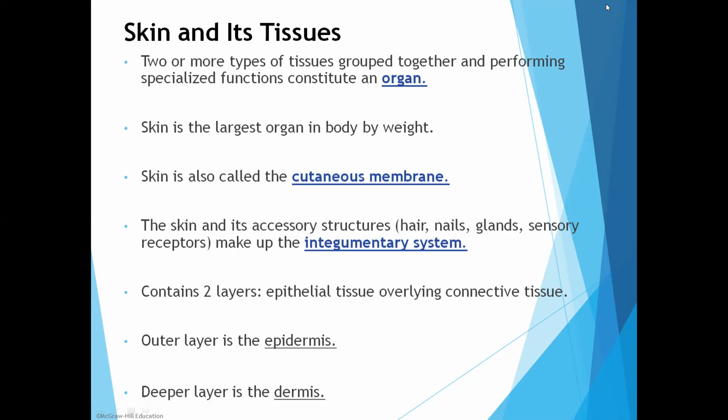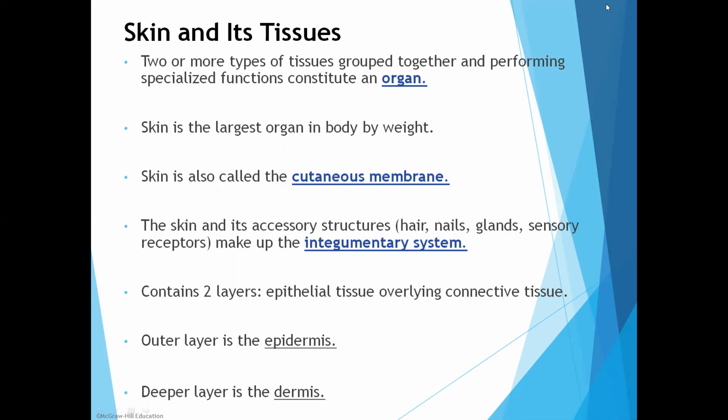In Chapter 5, we spent time talking about that stratified squamous epithelial tissue. Then we have this underlying connective tissue, which is actually a mixture: a little bit of areolar connective tissue along with some dense irregular connective tissue.